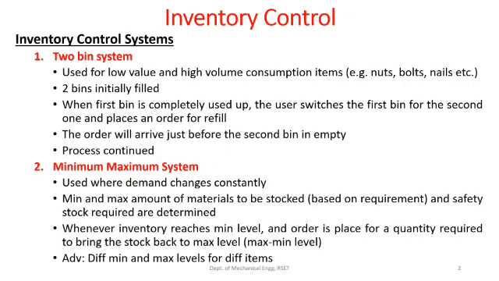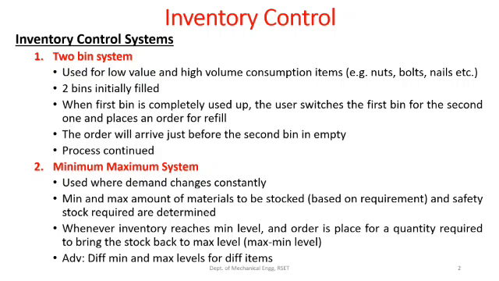The order for refill will arrive just before the second bin is empty. This process is continued, and this system of inventory control is called a 2-bin system. It's a very simple system that can be used for low value, high volume consumption items like nuts, bolts, nails, etc.